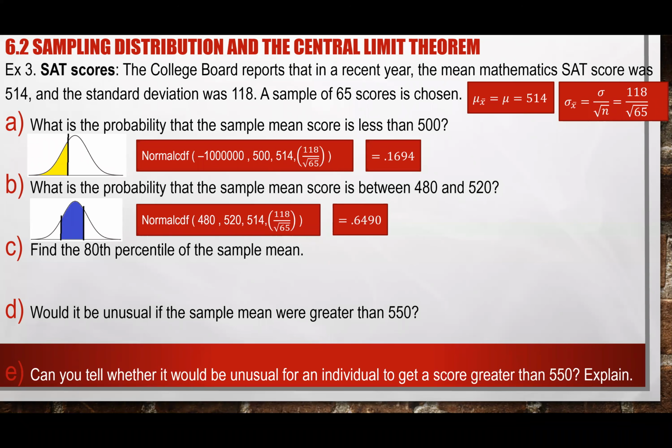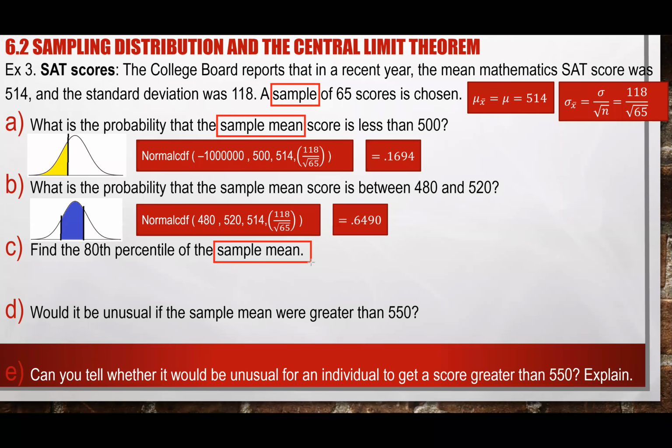And again, your goal, your objective, and your obstacle, and I cannot stress this enough, is when you read this wording, how do you know to use the regular standard deviation versus the standard error, or to convert your standard deviation to this item? And again, the keyword is sample. If you see that they ask you for anything related to the sample, as in C, find the 80th percentile of the sample, right?